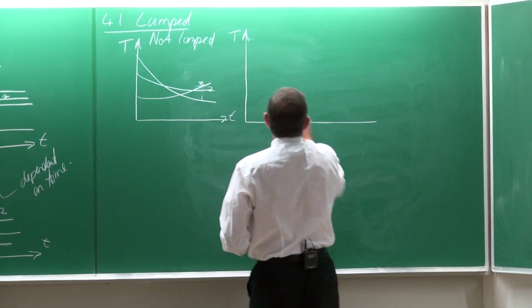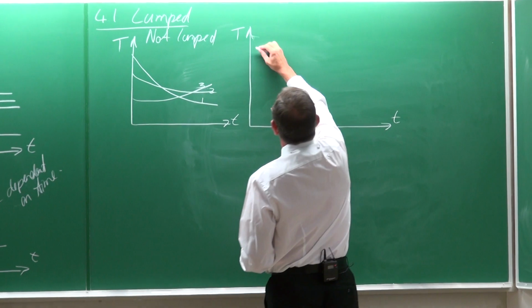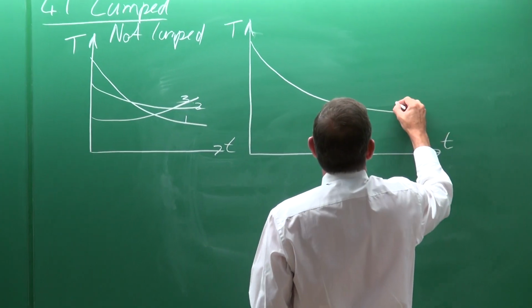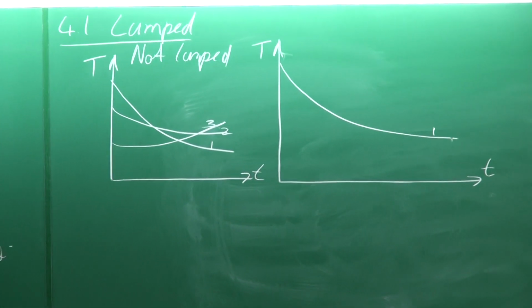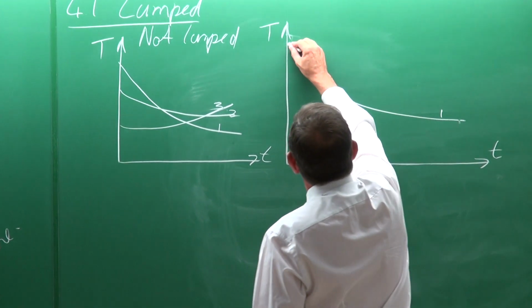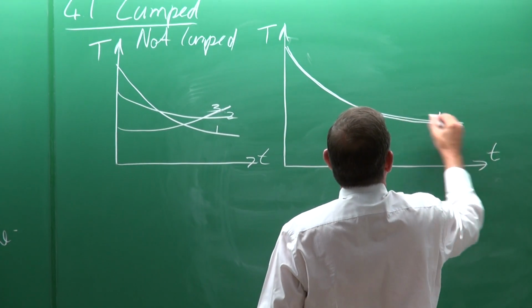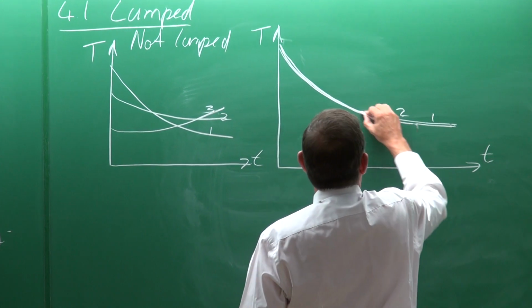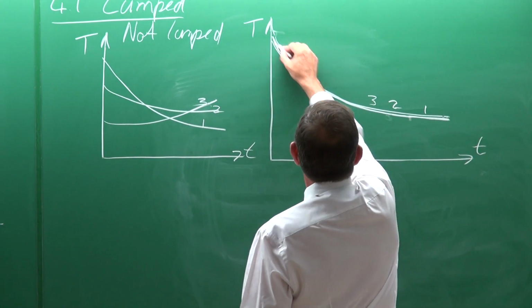While for a lumped system, the temperature at point 1 will have that behavior, the temperature at point 2 the same, the temperature at point 3 the same, etc.